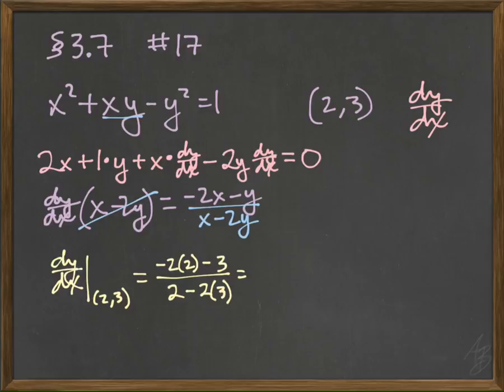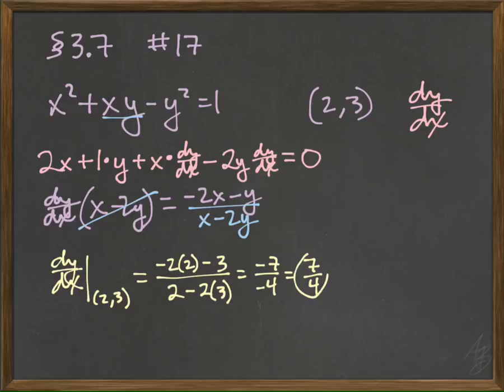On top we get negative 7, on the bottom we get negative 4, so that's the same thing as 7/4. So we know the slope of the tangent line at this point is going to be 7/4.